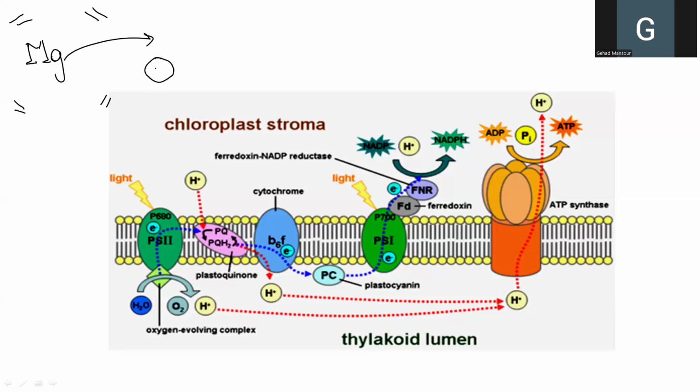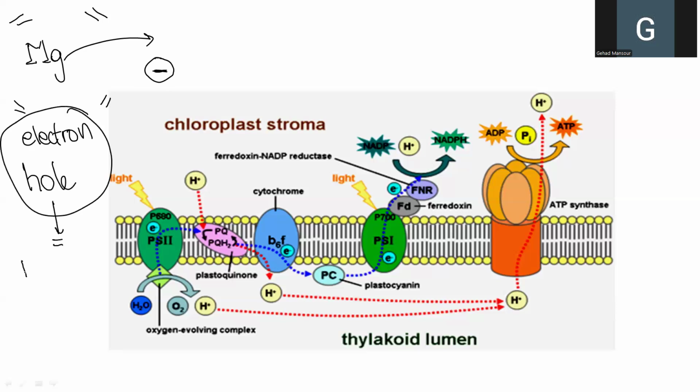And this excitation, if it has received enough energy, then it will lose an electron. And in such a case, we will have what we call an electron hole inside the whole chlorophyll molecule. An electron hole simply means that there is a missing electron.